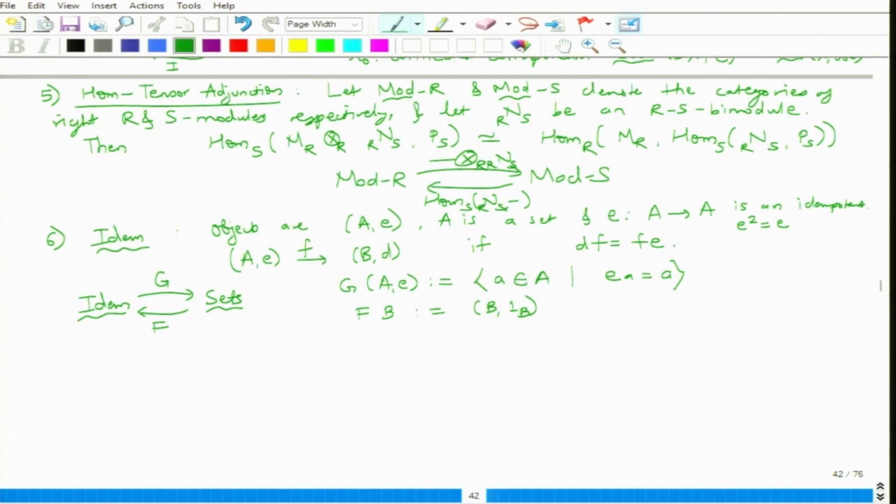Now the question is, which functor is adjoint to which functor? Which one is left adjoint, which one is right adjoint?